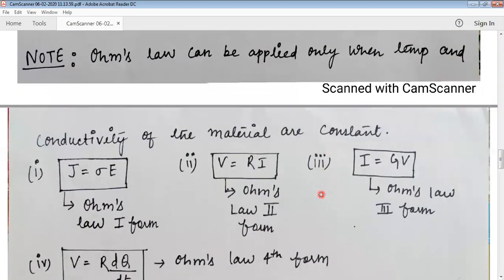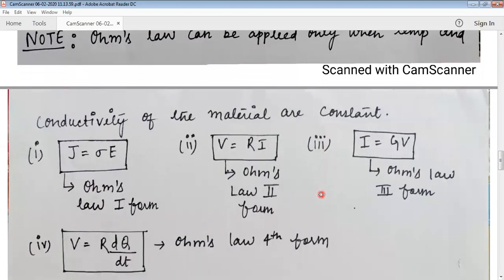So that is Ohm's law. Now see the different forms of Ohm's law. J equal to sigma E is called the first form of Ohm's law. V equal to IR is the second form. I equal to GV is the third form.